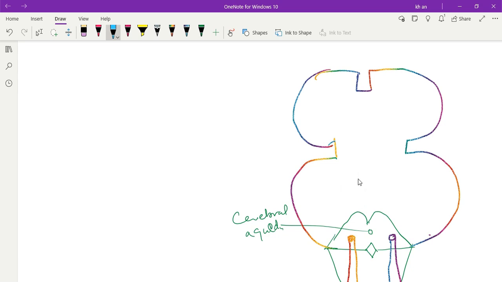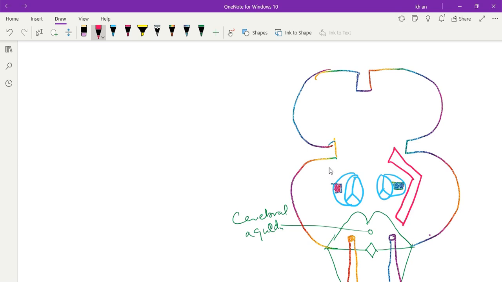Above the midbrain there is the thalamus. In the thalamus there is one nucleus. Above the thalamus there is another nucleus, and this is the internal capsule.